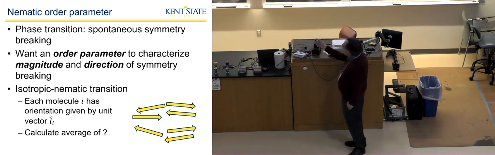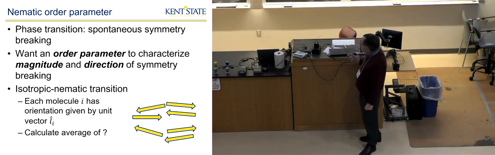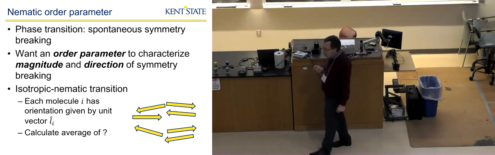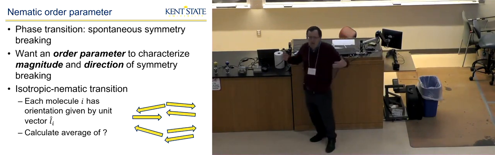So for the isotropic nematic transition, each molecule has a direction that's represented by a unit vector, the orientation of each of these yellow arrows. So if we want to characterize the transition, we want to calculate the average of something.